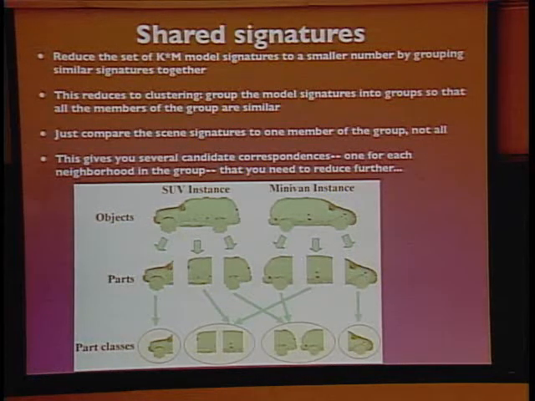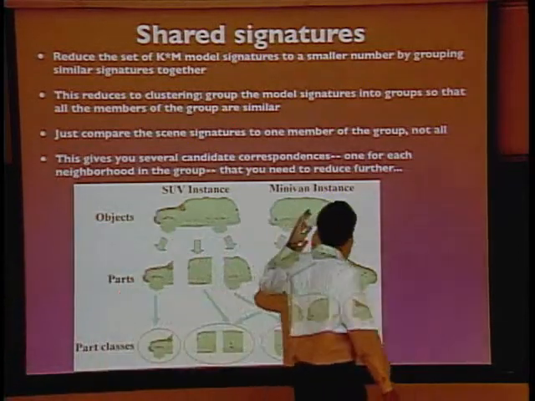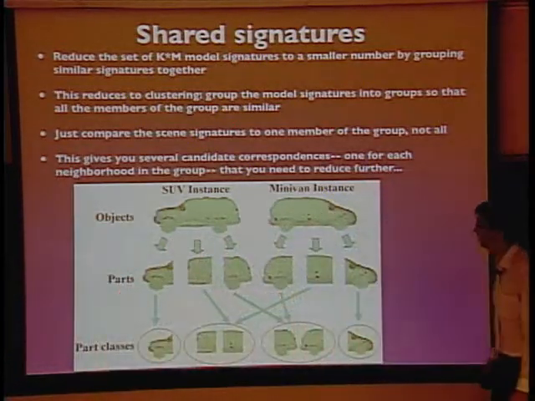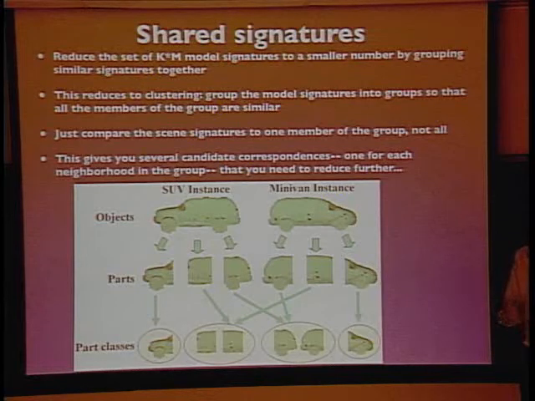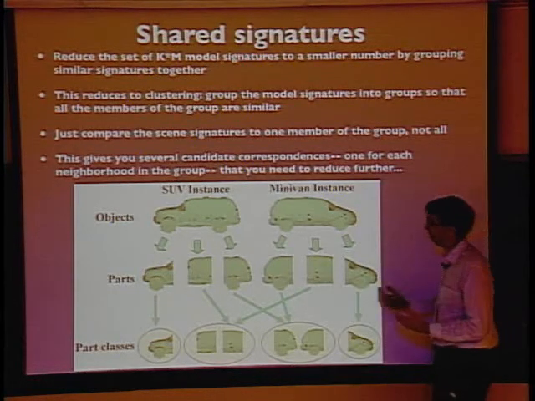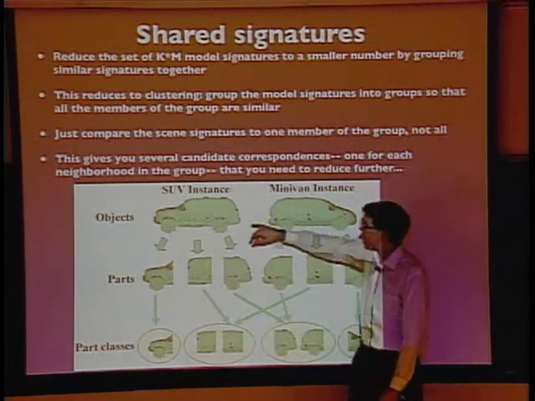But there's no reason to restrict yourself to that. Let's say it so turns out that the middles of SUVs look similar to the middles of minivans. Then that's great. That means we get to compress the number of shape signatures that we store and think about even further. We can just have a set of middles that include both minivans and SUVs.